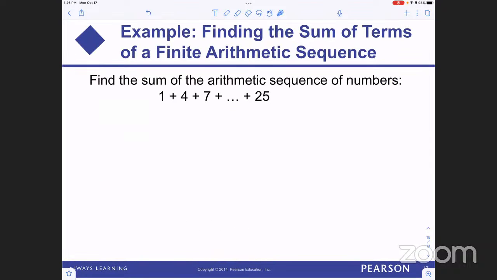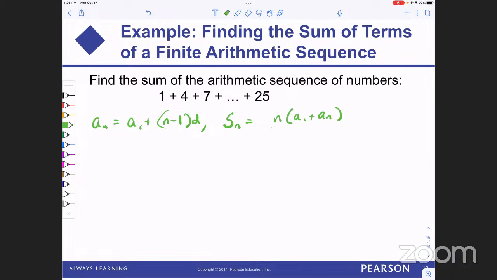Okay. So find the sum of the arithmetic sequence of numbers. All right, let's write what we just came across. We know that the nth term of an arithmetic sequence is A1 plus n minus 1 times D. Also, the sum of the first n terms of an arithmetic sequence is going to be n times A1 plus AN over 2.